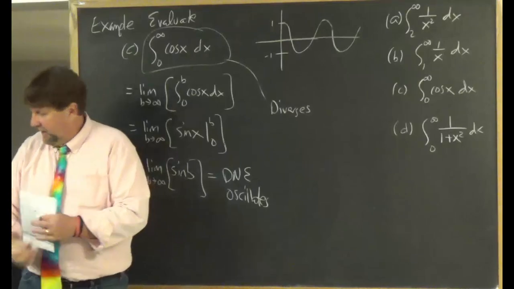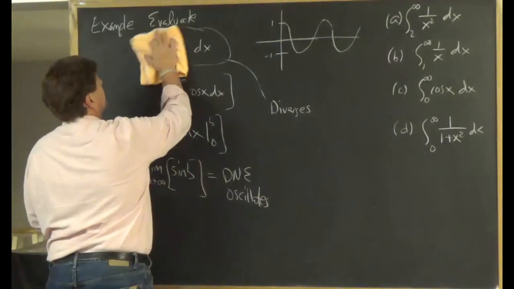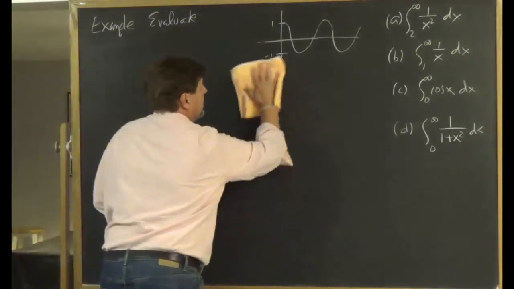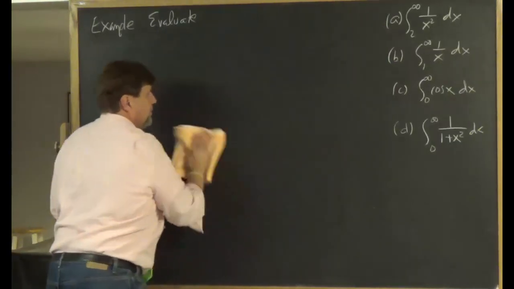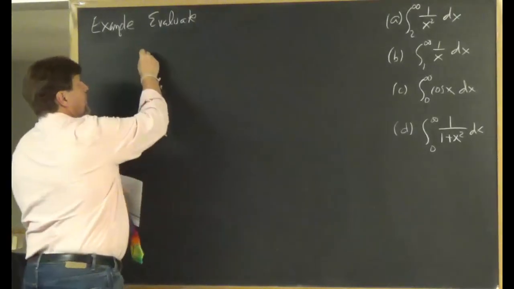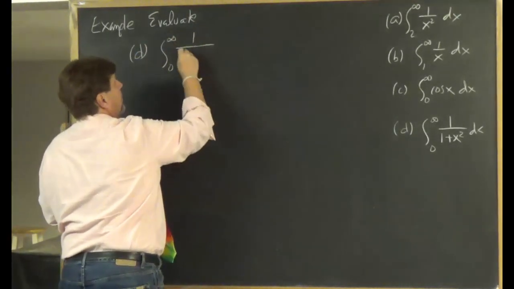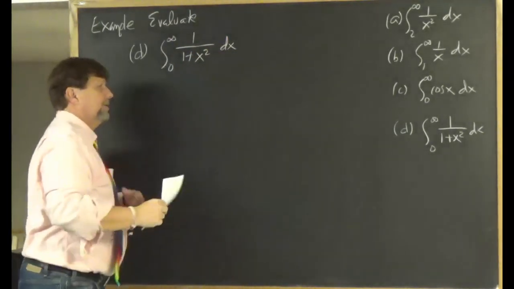All right, let's do part D. Part D. Integrate from 0 to infinity of one over 1 plus x squared dx.